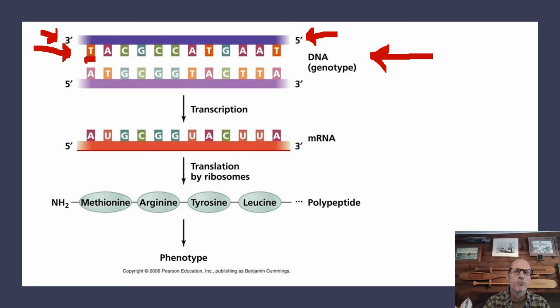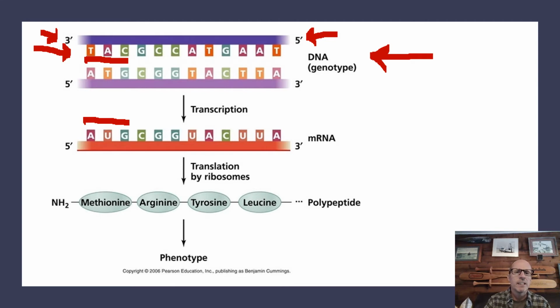The first 3 pieces of DNA that get read, or nucleotides, are T, A, and C. The complementary strands of RNA that are produced from that are A, U, and G. And that makes sense because thymine in DNA codes for adenine in RNA.